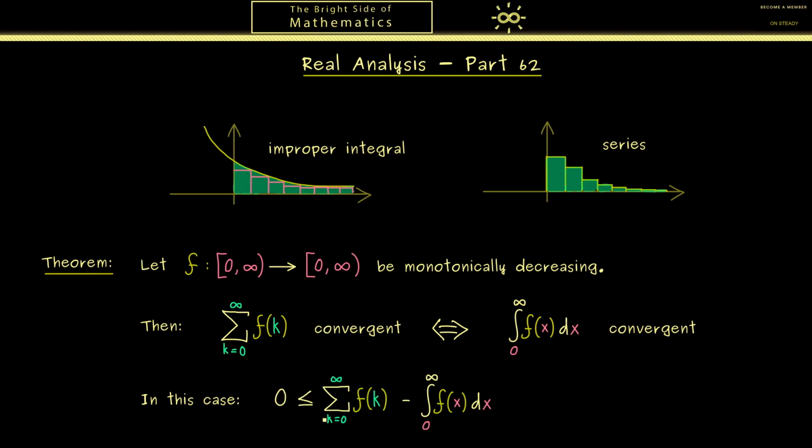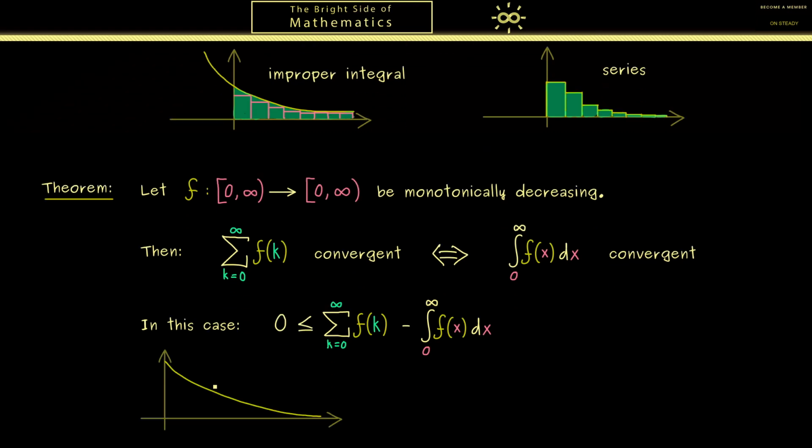And moreover, in this case, we can estimate the values. First, we see that the series is always larger than the integral. Therefore, the difference is greater or equal than 0. And maybe this is something we can explain in a picture. Now, if this is the graph of the function f, the series is evaluated at the integers on the x-axis. For example, f of 0 would be this value, f of 1 has this value, and so on.